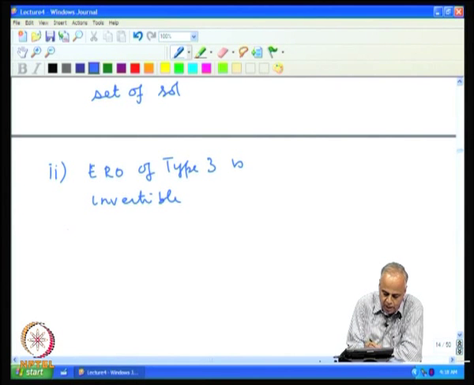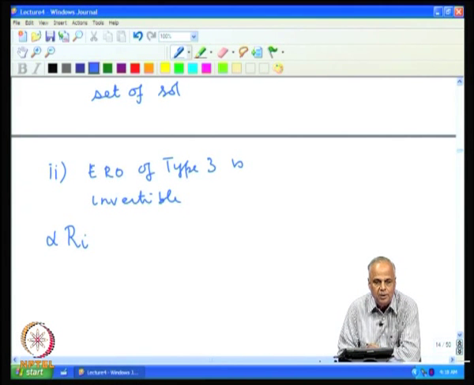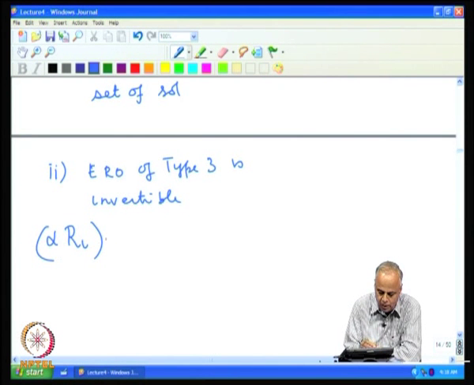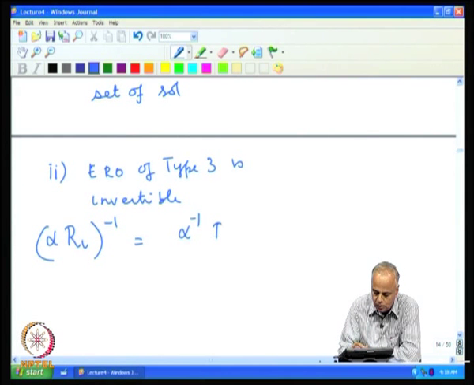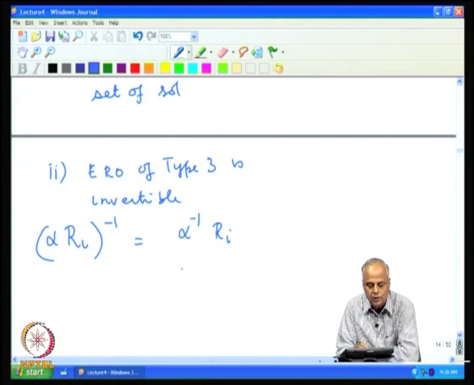So, therefore, if alpha R I is the row operation type 3, then its inverse will be multiply the ith row by alpha inverse. And now, this alpha inverse makes sense because we have assumed alpha not equal to 0.